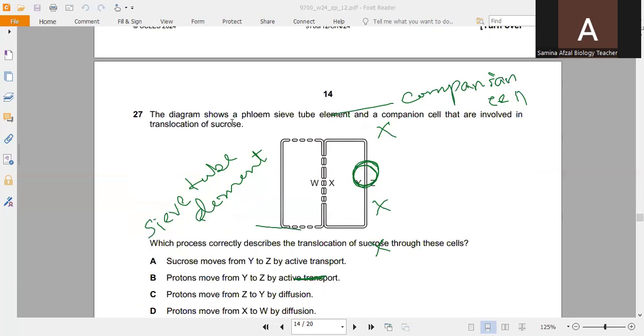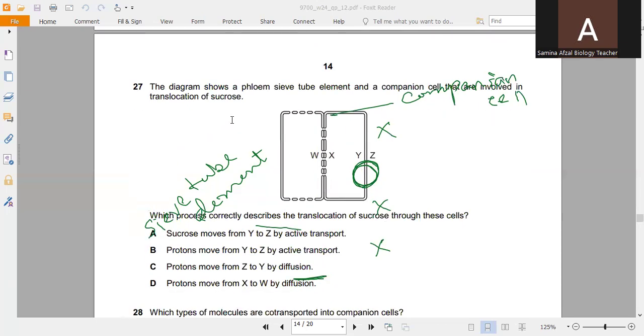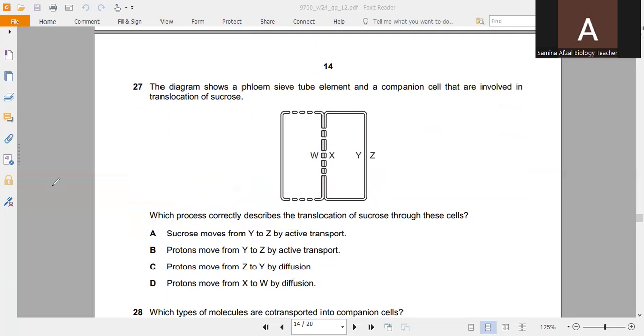Now we are moving towards question number 27. And again, this question number 27 is on the diagram that shows a phloem sieve tube element and a companion cell that are involved in translocation of sucrose.